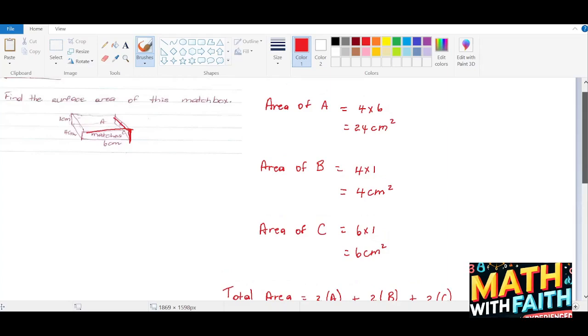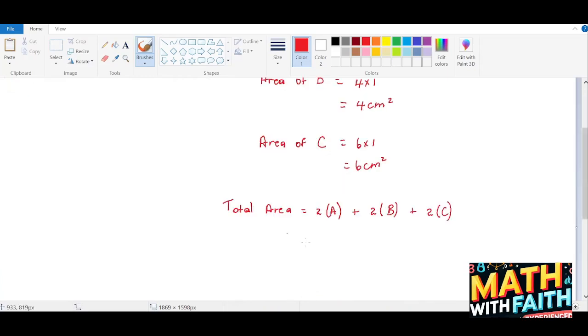So that's 24 plus 4 plus 6. So 2 by 24 plus 2 by 4 plus 2 by 6.